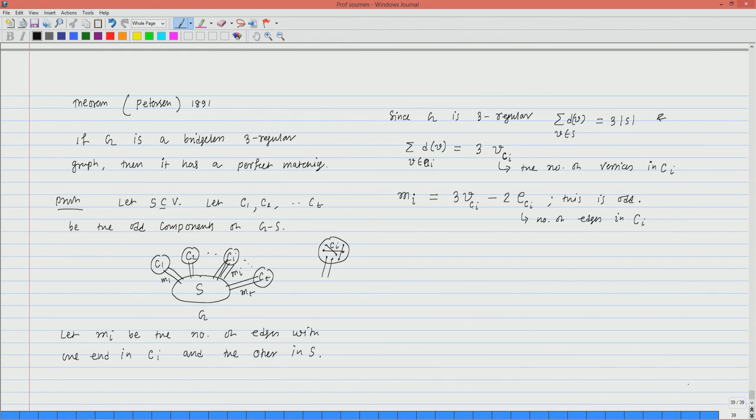So, V(Ci) is odd, and this number is odd. So, that is why the whole thing is odd.